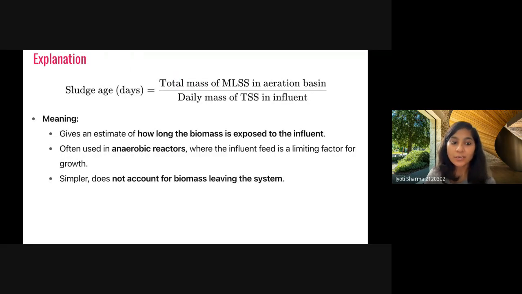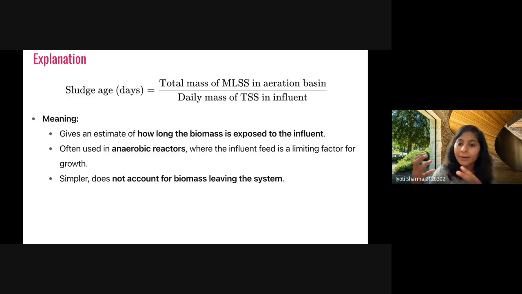So this is your sludge age, but what is the significance of calculating this? This will tell how long the biomass is exposed to the influent. Influent is your wastewater, right? So how long that wastewater will be in touch with your microorganism, because microorganisms will degrade the organic compound or organic matter that we have in the wastewater.